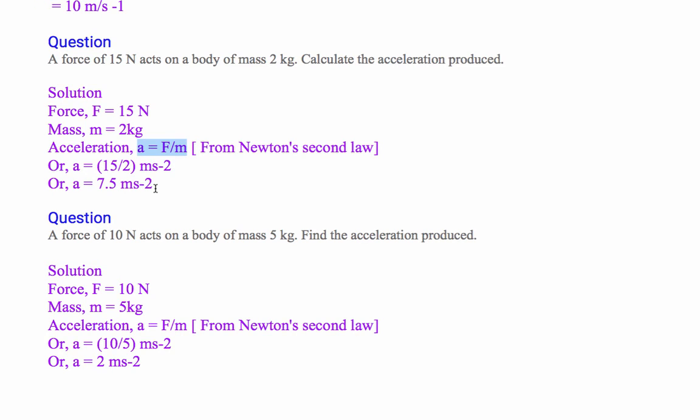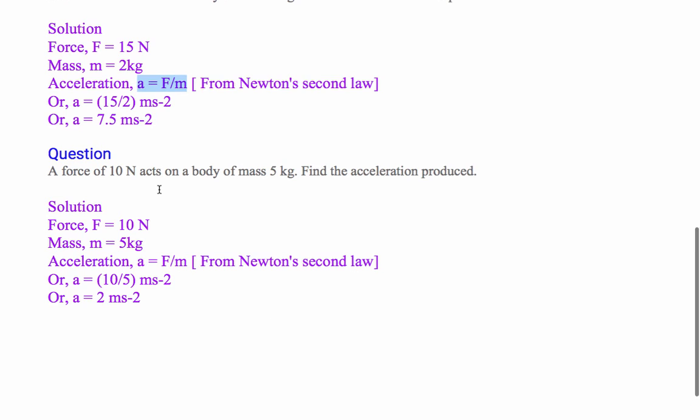Mute yourself, everyone. So putting the value of the force 15 and mass 2, we get acceleration as 15 upon 2 meter per second square, that is 7.5 meter per second square.